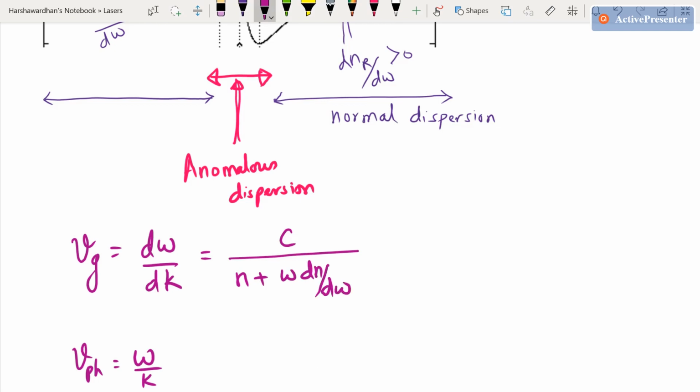And here, n is indeed the real part of the refractive index, right? So you see that depending on the sign of dn over d omega, which is anomalous or normal, the group velocity can be larger or smaller than c.